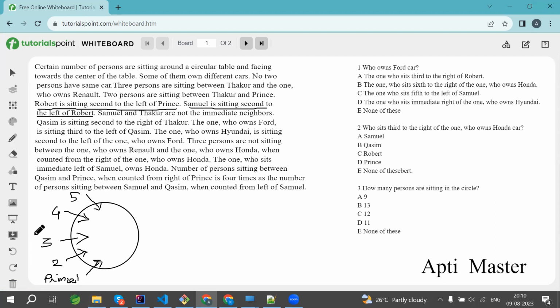So this is Robert. Now Samuel is sitting second to the left of Robert, so second to the left of Robert means Samuel is here.